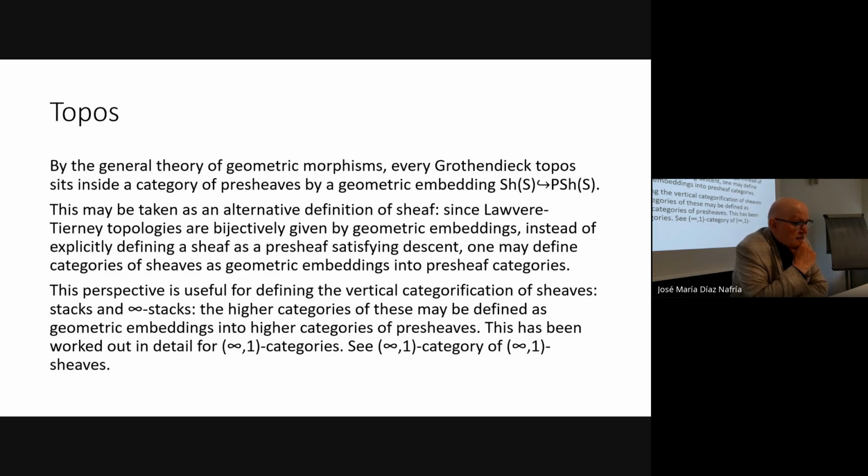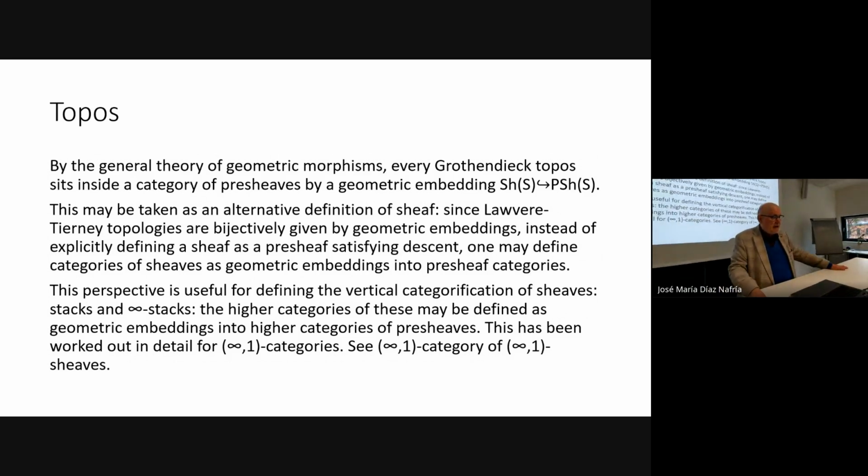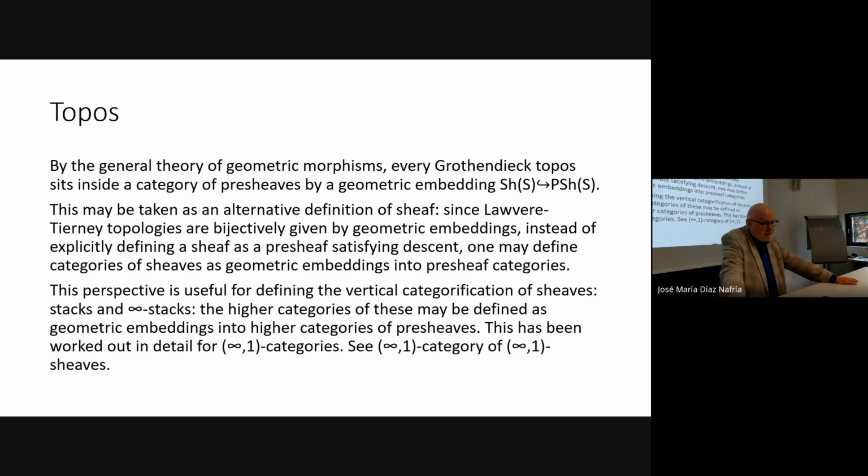By the general theory of geometric morphisms, every Grothendieck topos sits inside a category of such pre-sheaves by a geometric embedding. And this may be taken as an alternative definition of sheaf, and goes back to another mathematician, William Lawvere, namely Lawvere-Tierney topologies are bijectively given by geometric embeddings instead of explicitly defining a sheaf as a pre-sheaf satisfying descent as a special property.